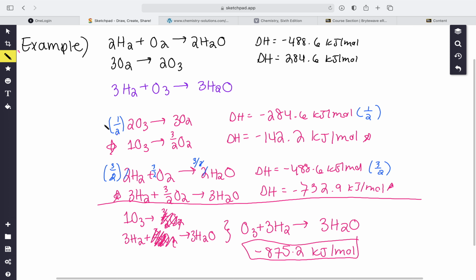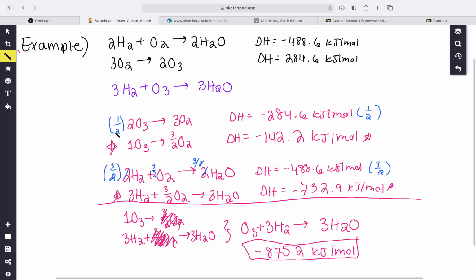Okay, so just as a review with this one, we were given one equation and the enthalpy, the other equation and the enthalpy, and what I did was I found out what needed to be flipped first. I determined this one needed to be flipped. I flipped it, and so I made that negative.